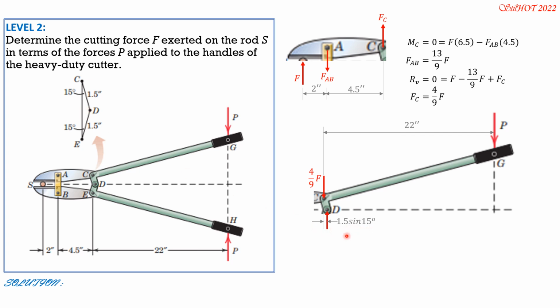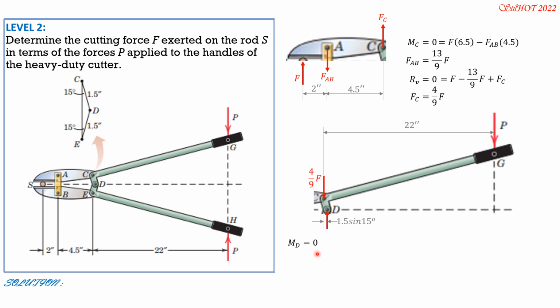So moment D equals 0, clockwise positive, then it is equal to P. The moment arm of P is not 22, it is 22 minus 1.5 sine of 15.